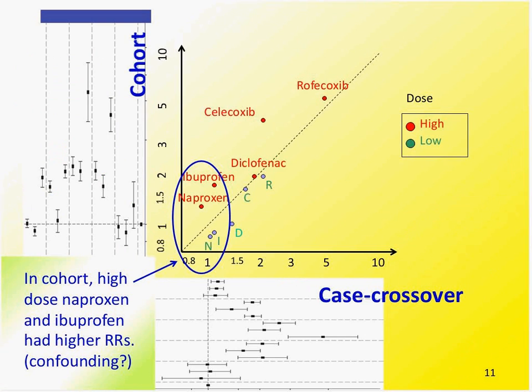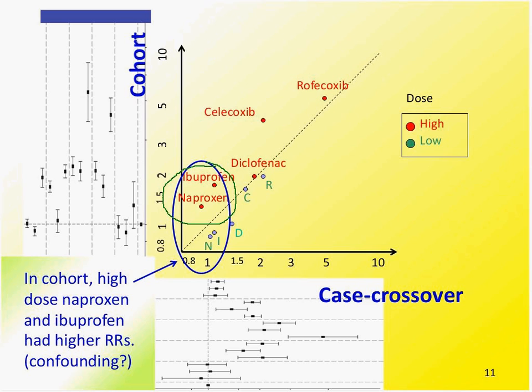This slide shows that when we plot the ratio estimates from the previous slide, we see that there were positive associations for high-dose ibuprofen and high-dose naproxen in the cohort analyses that didn't appear in the case crossover analysis.